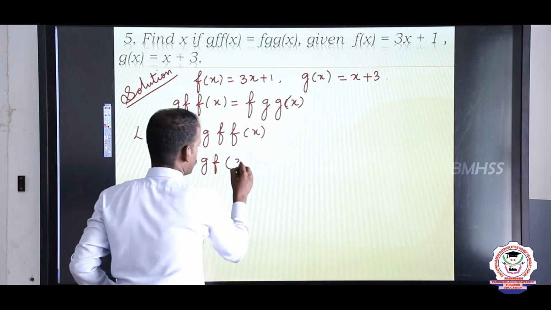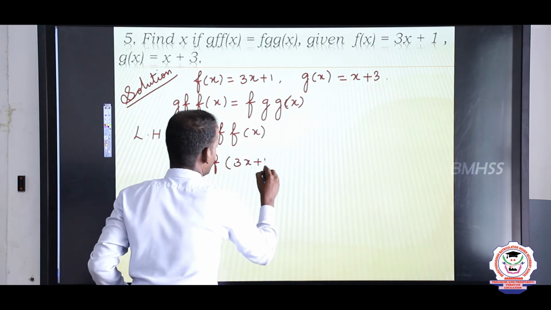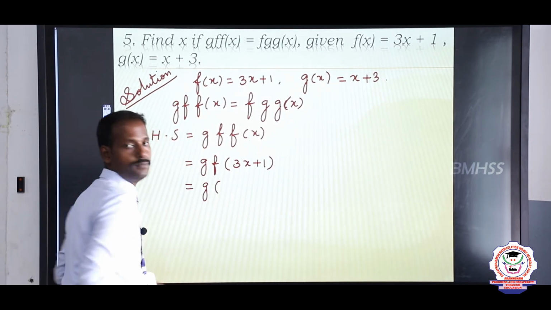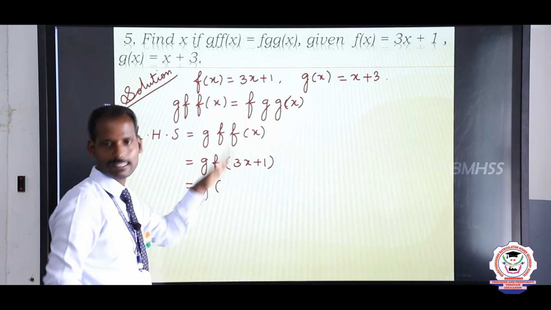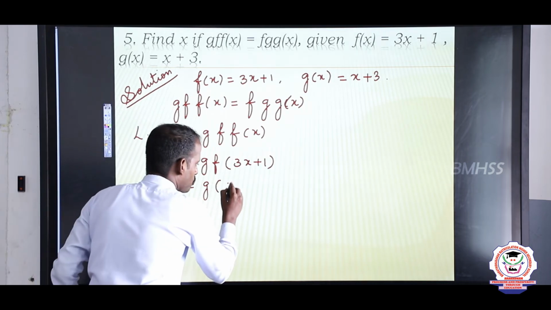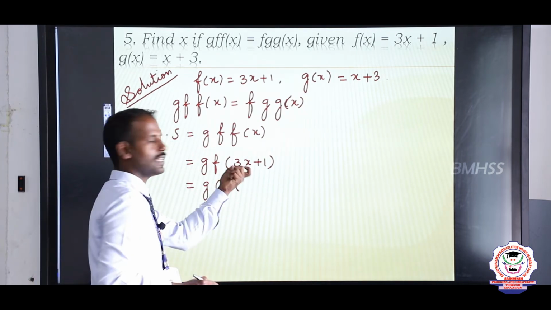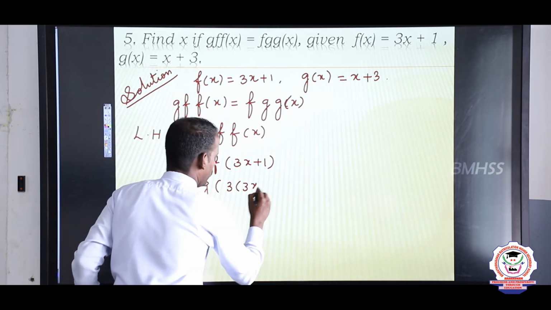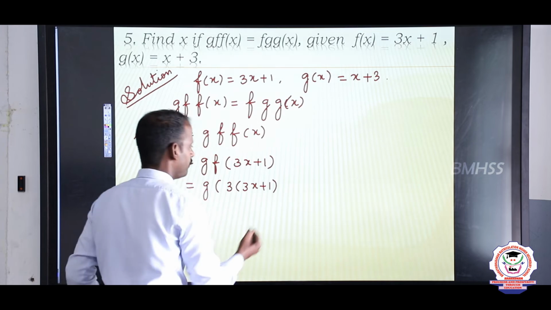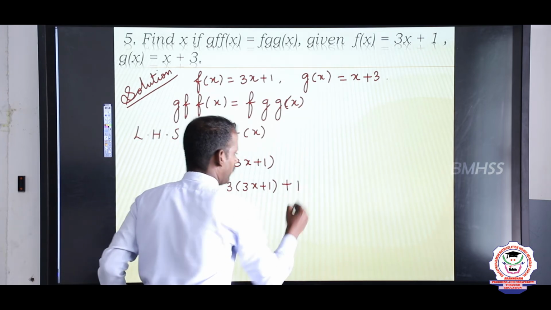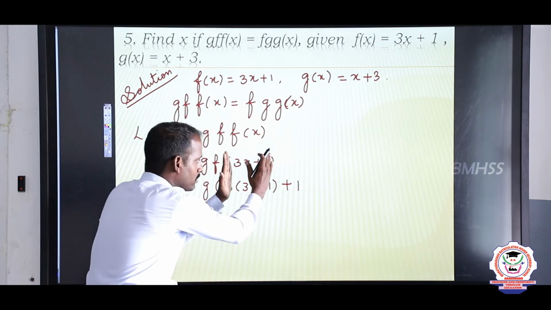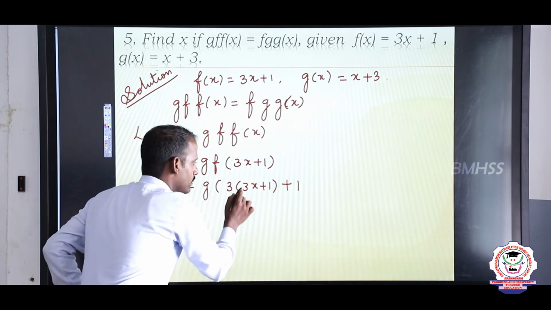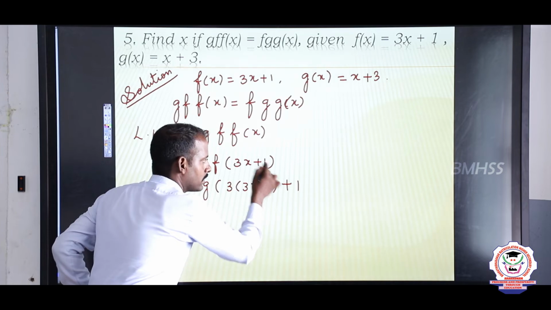So 3x plus 1 you substitute in the g. So here again substitute. Here x is 3x plus 1, so you have to substitute in the x. x is 3x plus 1 plus the same plus 1.